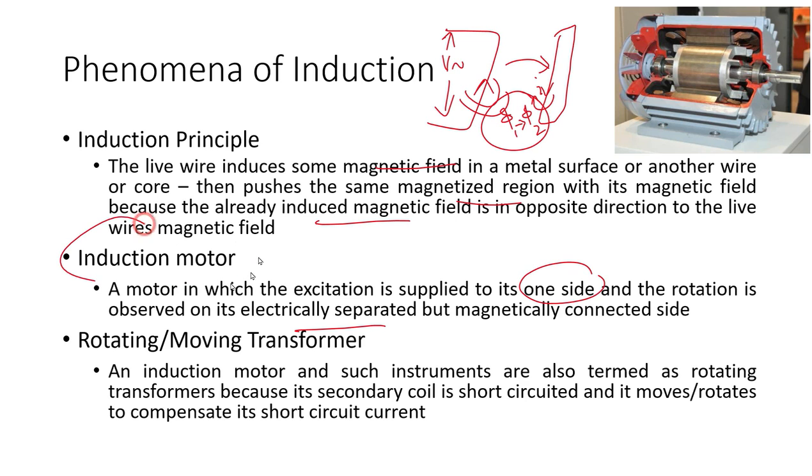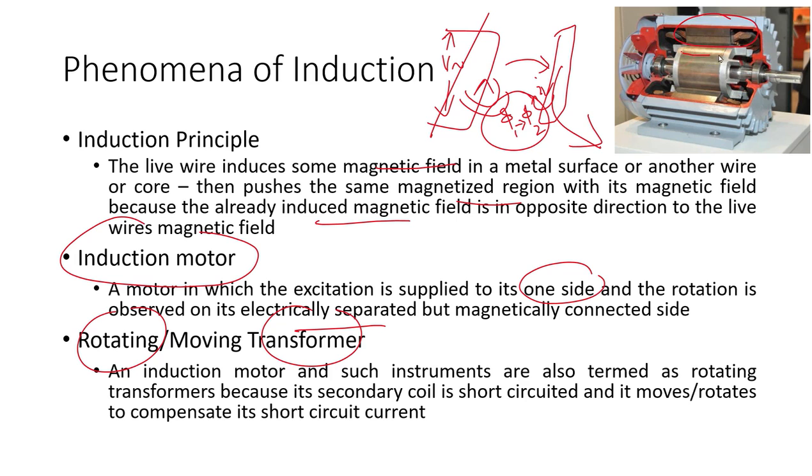The induction motor is also known as the rotating transformer, because one coil is stationary and the other coil is moving. So if we see this example, this is our exciter side and this is our rotation side.